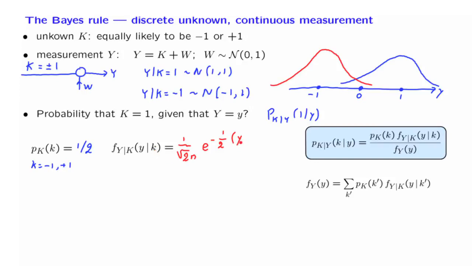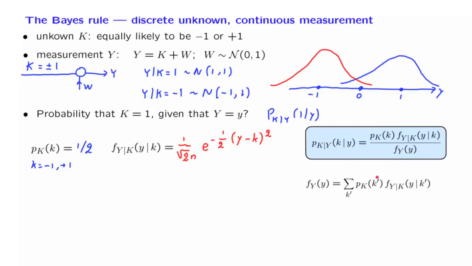But given the value of k, the mean of y is equal to k, plus or minus 1, depending on what k is. So this is the PDF of a normal with unit variance and mean equal to k. And it corresponds, when you set k equal to 1, to this graph. When you set k equal to minus 1, it corresponds to that graph. Let us continue with the next term in this expression.